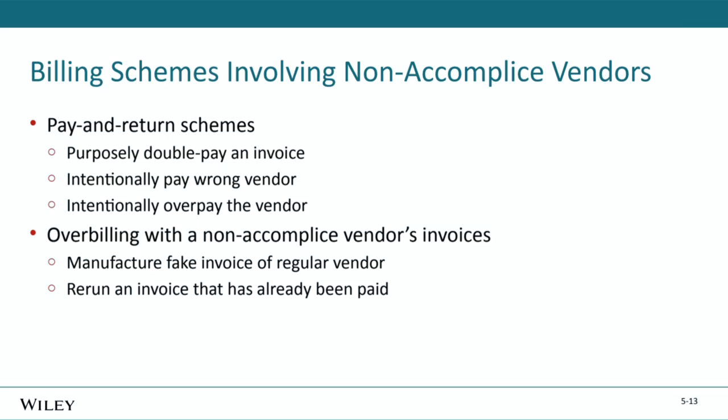The other would be to intentionally pay a wrong vendor, intentionally overpay a vendor, and then contact the vendor and say, hey, we paid the wrong person or we overpaid you. Send us back the money, either the check you received or cut a new check and send it to us at this address. And you have it sent to another address where then you get possession of it.